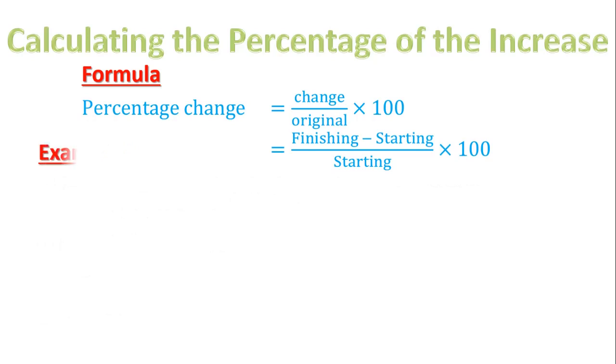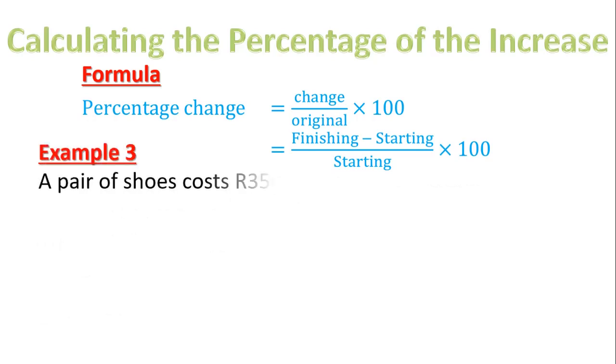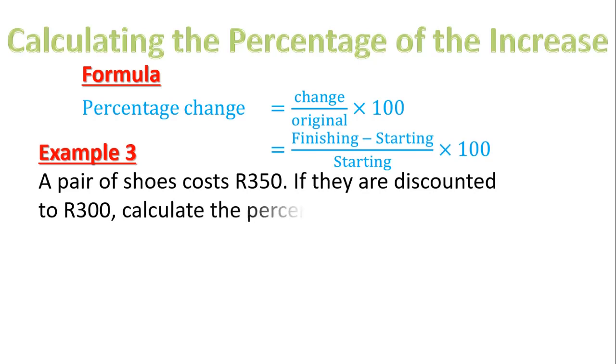Next example, example 3. A pair of shoes costs 350 Rand. If they are discounted to 300, calculate the percentage decrease. Now, I know our video is called percentage increase, but it works identically. There's just a trick at the end.